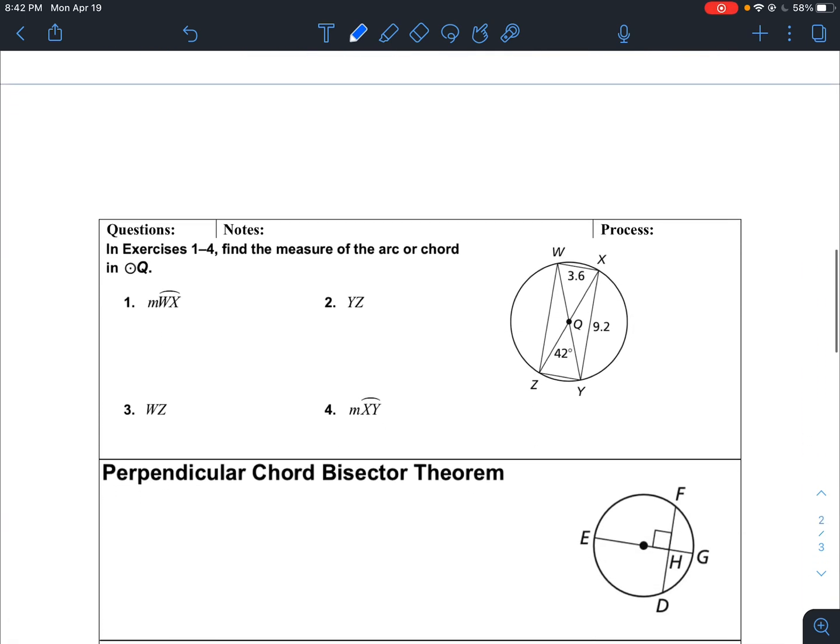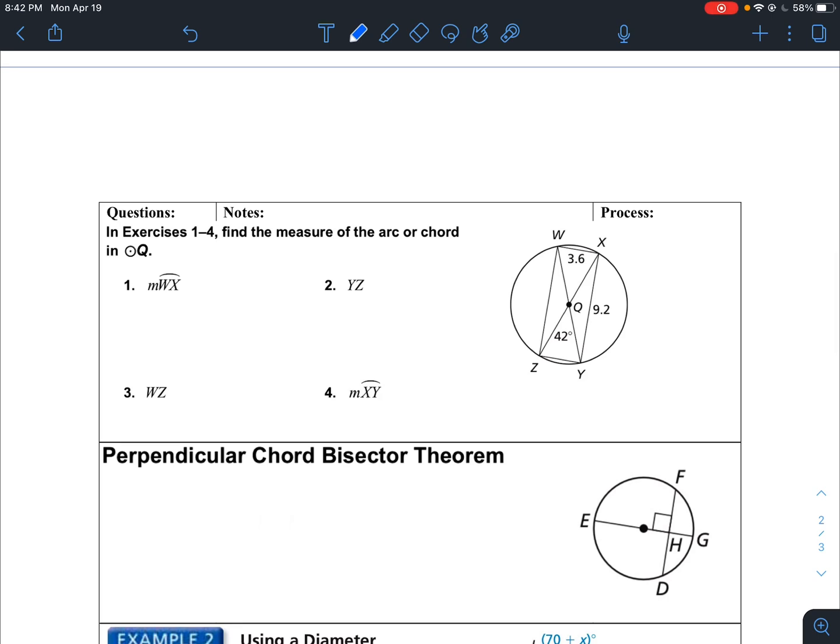So in these exercises right here, these are really, really easy exercises. Okay, so it says find the measure of the arc or the chord. So measure of arc WX. So it wants to know the measure of this arc right here.